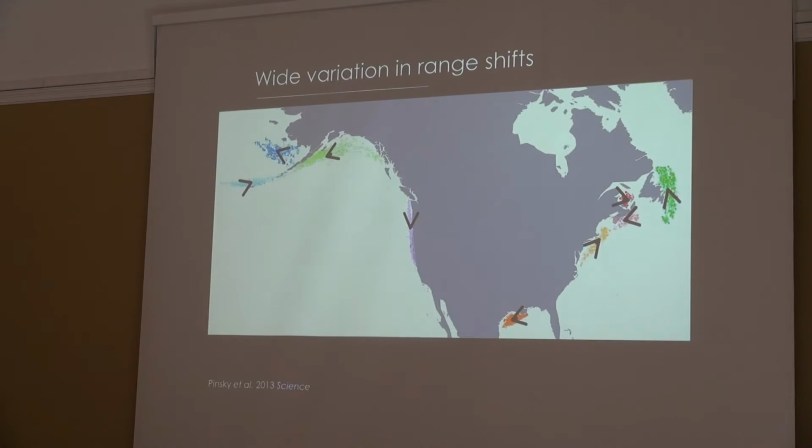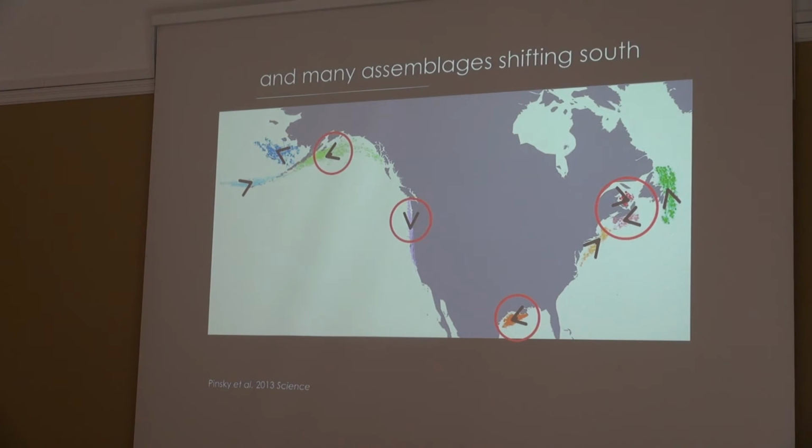If we zoom out even farther and look at continental scale patterns, again, the colored arrows are individual species, and these black arrows now are the averages across all the species in a region. So in some of these regions, we see species moving towards the poles. Turns out this is often where papers have been published saying, look, species are moving towards the poles. But actually, an even more common pattern potentially is species moving the other way, towards the equator. Again, we see a lot of variety.